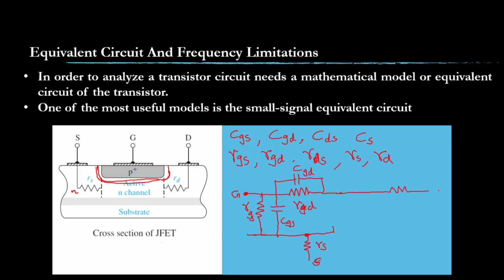This is my RD, the drain, and here we can see the parasitic capacitance, which is represented by CDS, and the channel resistance, which is represented by RDS.